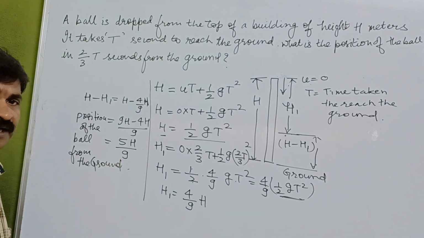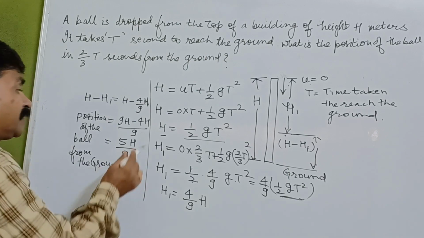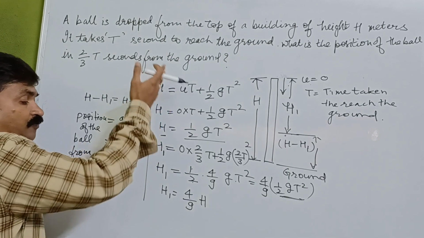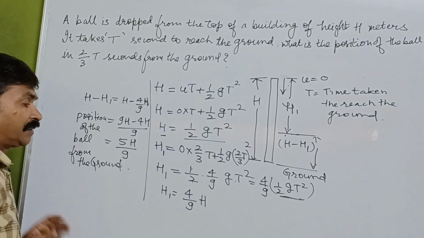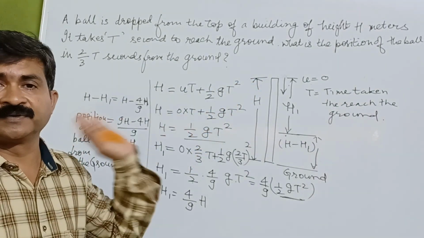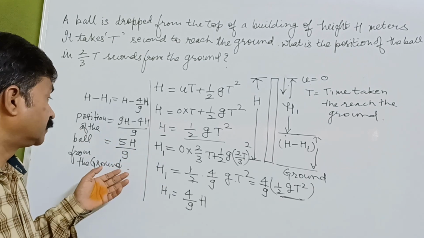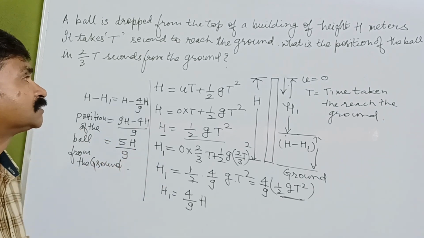This can be in numerical form also. If you have this answer, 5h/9, the options may give 4/9 h, 5h/9, h, or 9.8, maybe any options.